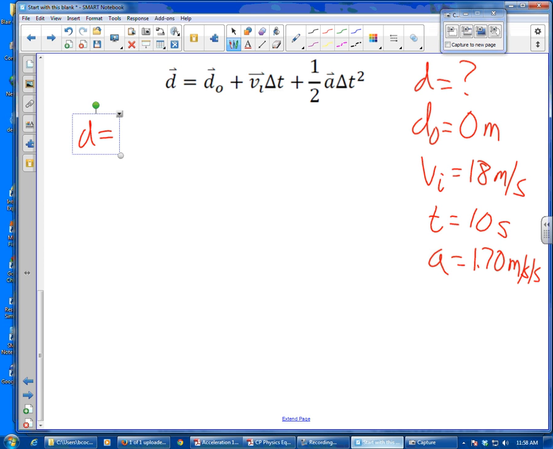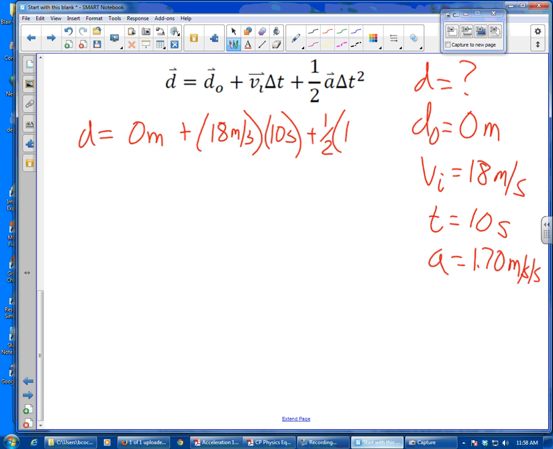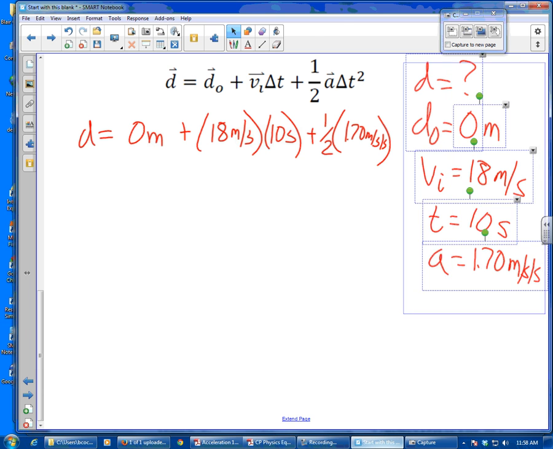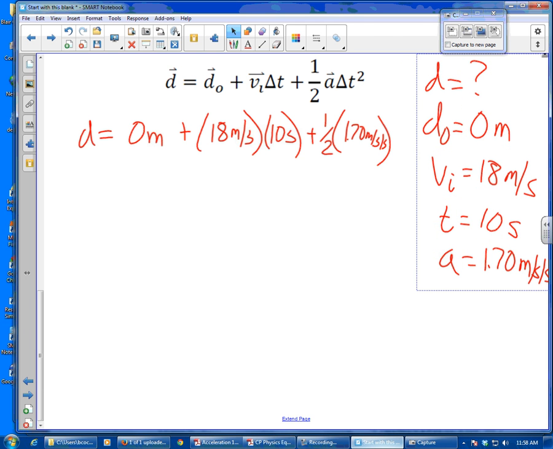D equals D naught, which was 0 meters, plus 18 meters per second times 10 seconds, plus 1/2, 1.70 meters per second squared, and I'm still going to run out of room. Times, sorry, I ran out of room, 10 seconds squared.